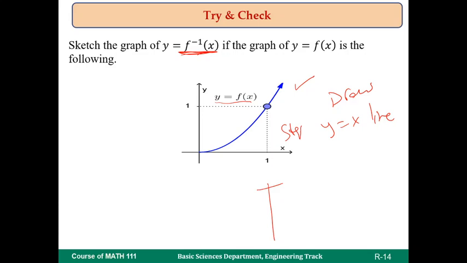Step one, draw the y equal to x line. To get this line, you can use a table. If you take -1, y will be the same. So 0, 0, 1, 1, 2, 2.